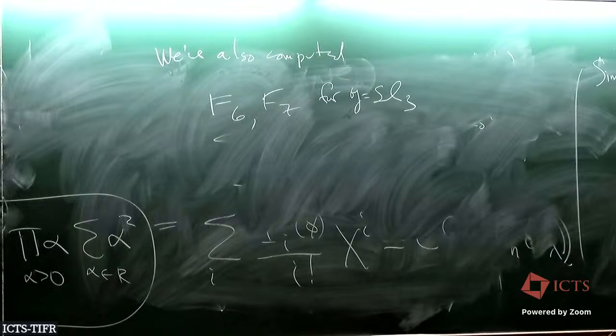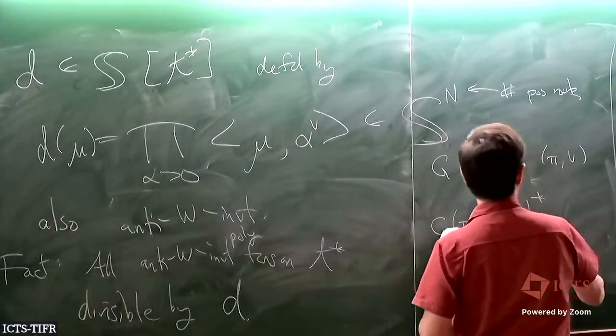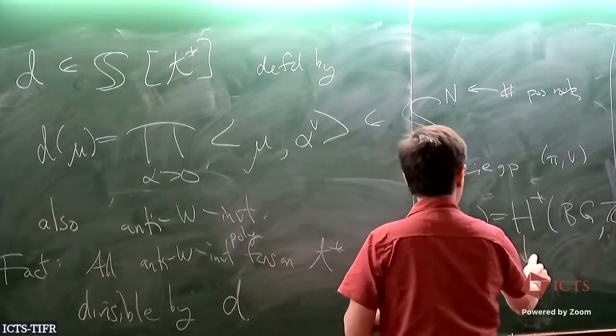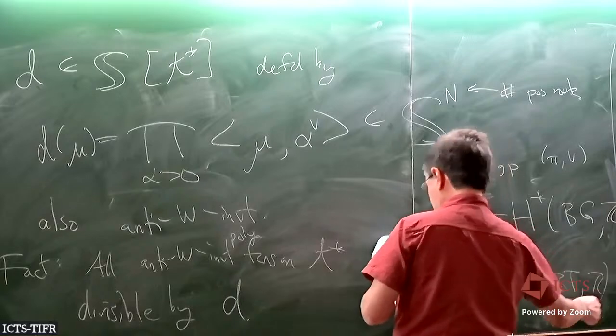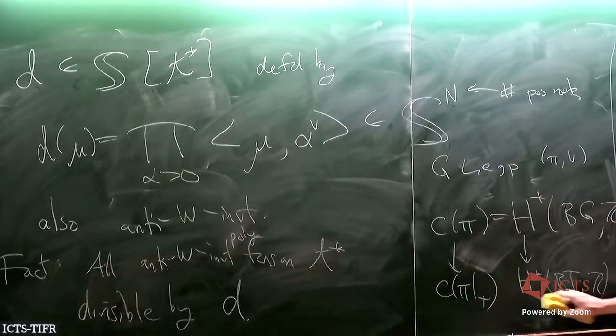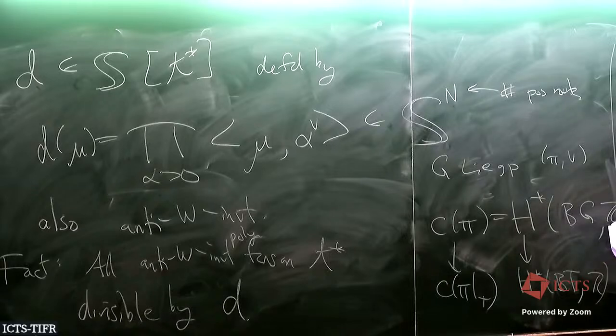If I have G a topological group, say a Lie group, and I have a representation, there's something called the Chern class, which sits in the appropriate group cohomology for G. If I restrict that to the cohomology for a maximal torus, then the C of pi restricted to T is equal to the product over the mu's of 1 plus mu m to the power mu, which is the total elementary symmetric function for the derivative of pi.